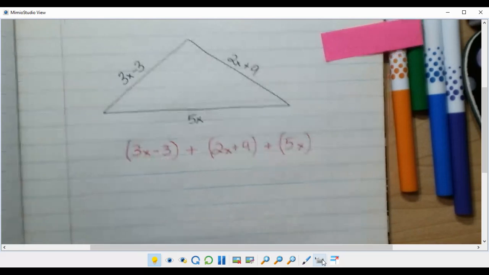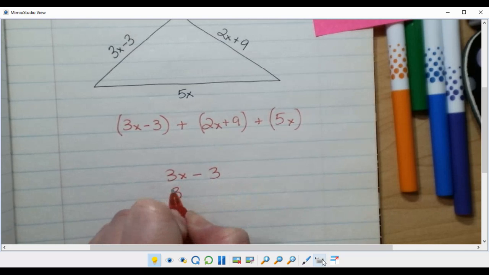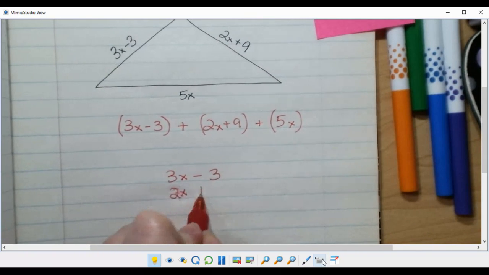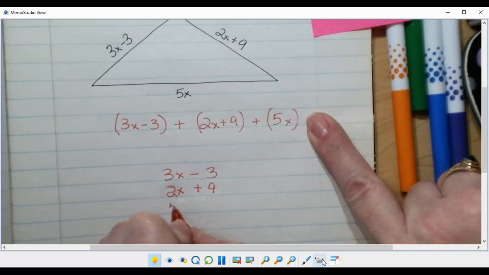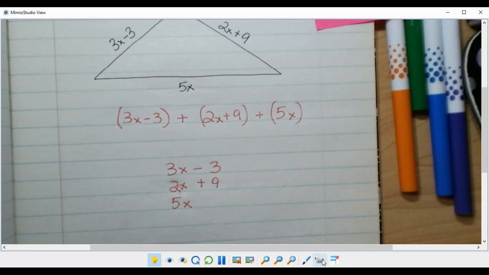So now when I'm ready to add them, I'm going to stack all 3 of them. The 5x will go with the x's, and then this will just be blank. If you really want to put a placeholder, you could put a 0 there, but you have to make sure that that x goes with the other x terms, and the constants stay together as constants.